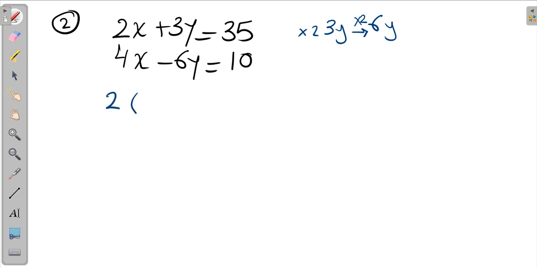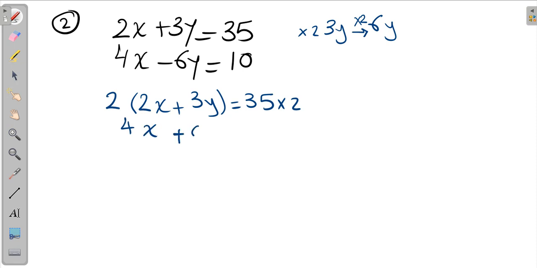Then 2 times 2x plus 3y equal 35 times 2. Then 4x plus 6y equals 70. Write the second equation, 4x minus 6y equal 10.